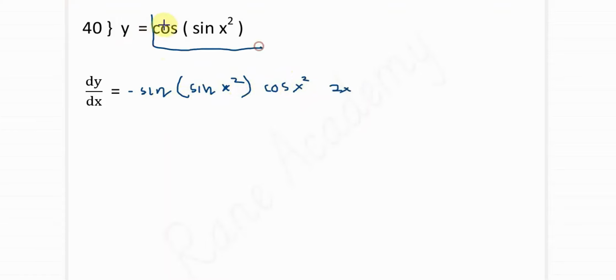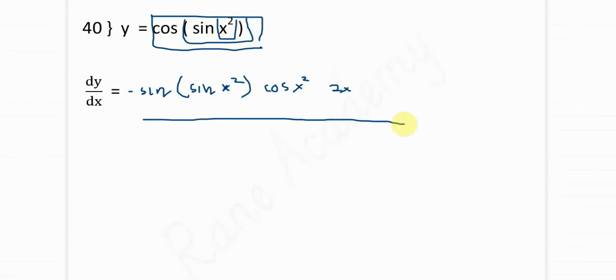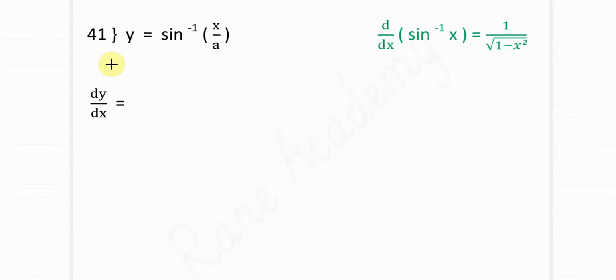So we have this outer function, inside we have sine of x square, and inside we have x square, and hence we get the answer. Question number 41.